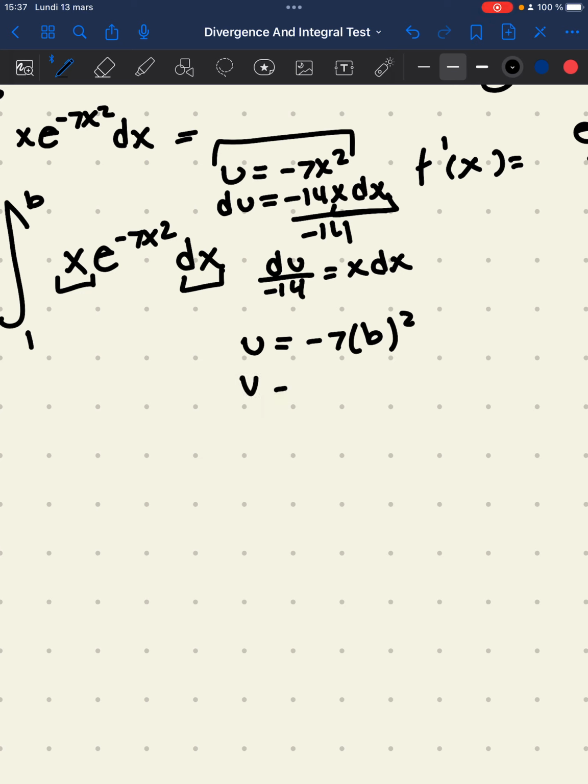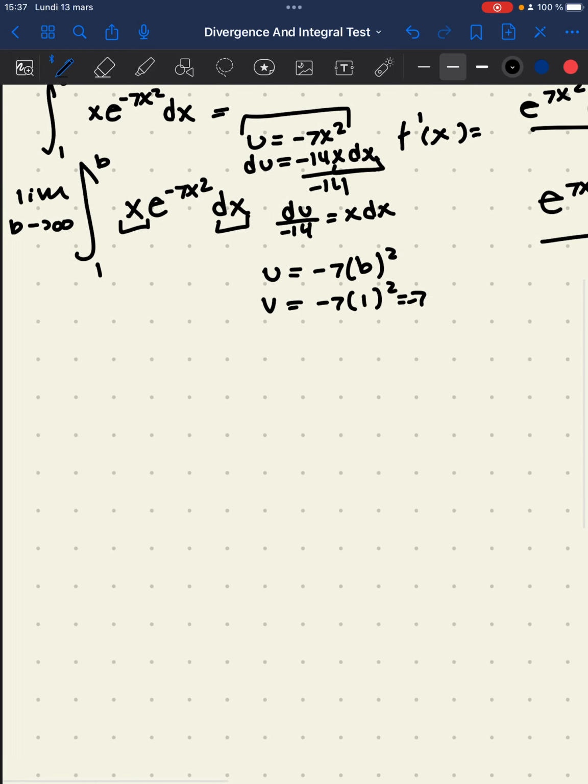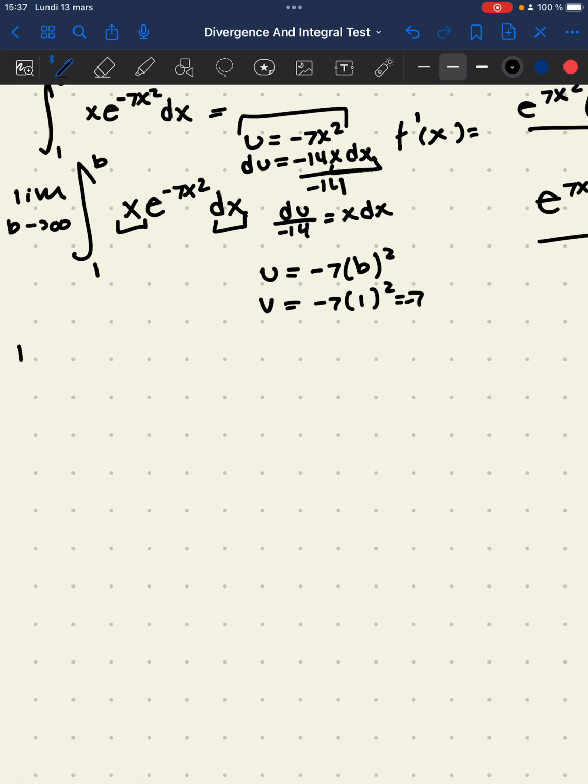And then your second bound would be negative 7 times 1 squared, that's just equal to negative 7. And then you rewrite your integral using your new bounds. So the limit as b approaches infinity of the integral from negative 7 to negative 7b squared of e to the u du.